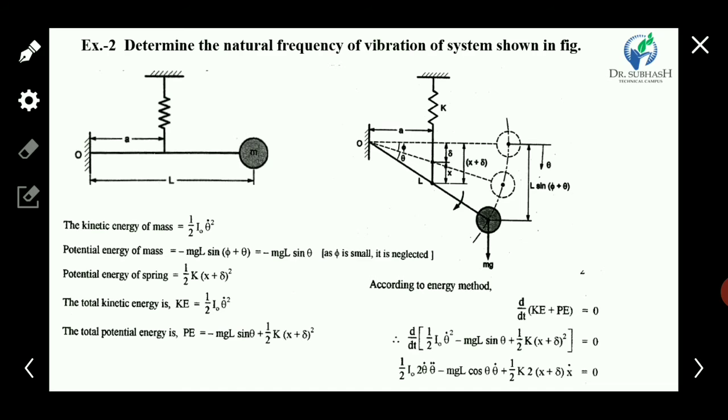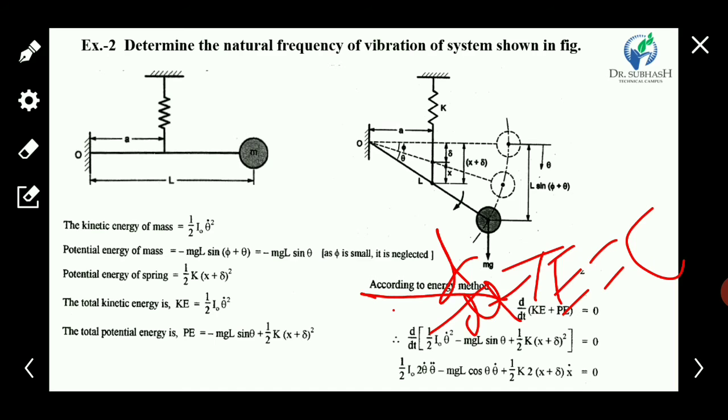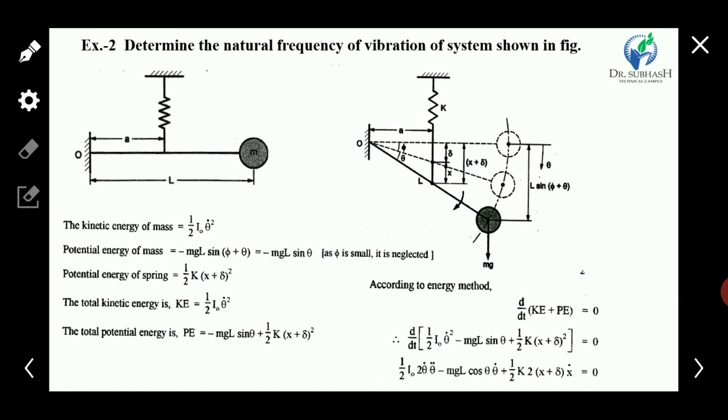According to the energy method, the total energy of the system is constant, so differentiating the total energy gives zero. The total energy of the system in vibration is the kinetic energy plus the potential energy, so the differentiation of kinetic plus potential energy is equal to 0.